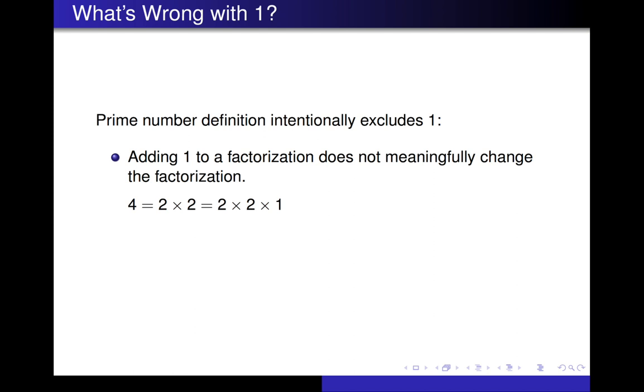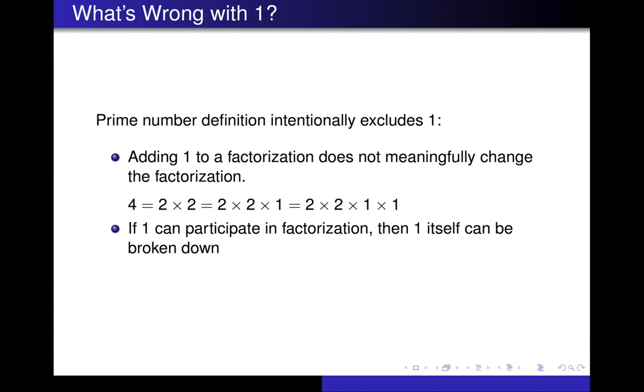Now, if we considered 1 to be a prime number, that would be a different prime factorization. But if you're looking at it, you say, well, that's not really any different than just 2 times 2. And not only that, we could add a whole bunch of factors of 1. I can add another one, 2 times 2 times 1 times 1. So we have infinitely many factorizations of 4 with those extra 1s on that don't really do anything to help us understand 4 any better.